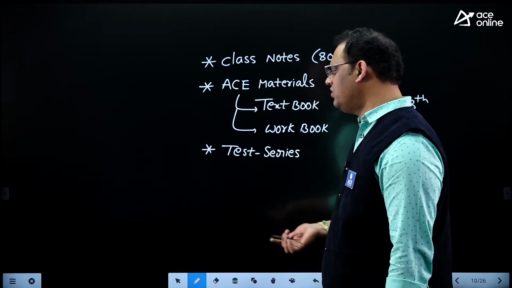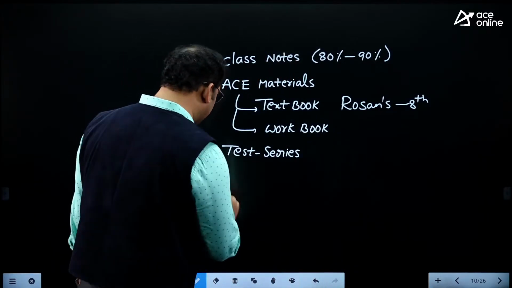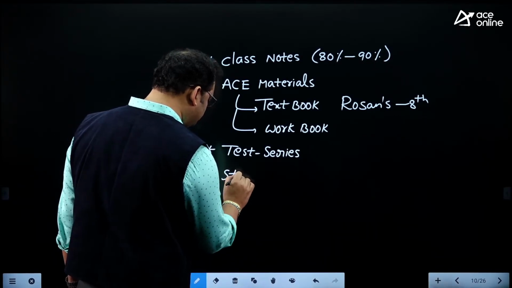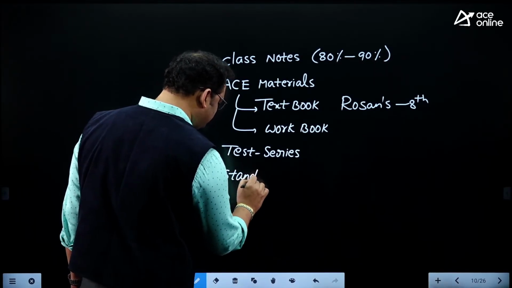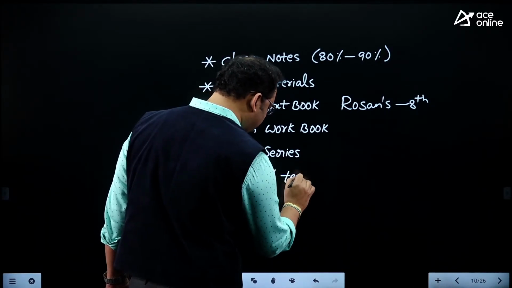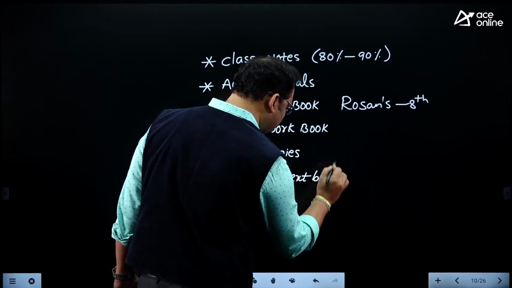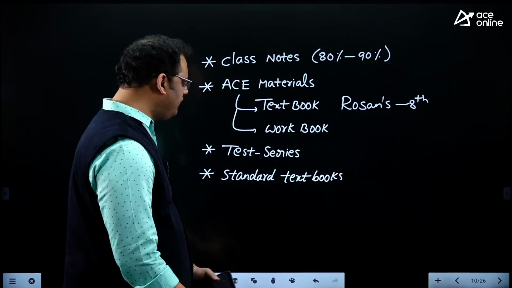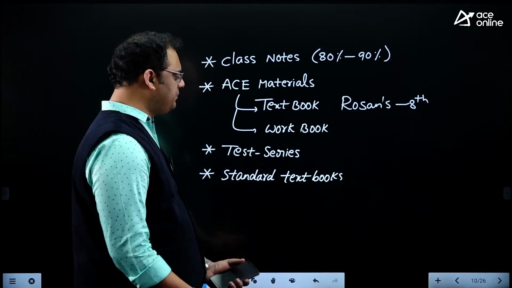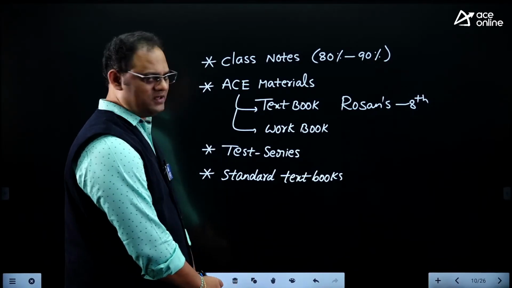And after that you can go for other things like prescribed textbooks, whatever standard textbooks we have. If you want to go for more number of questions and more different types of vocabulary, you can go for standard textbooks and refer to them.